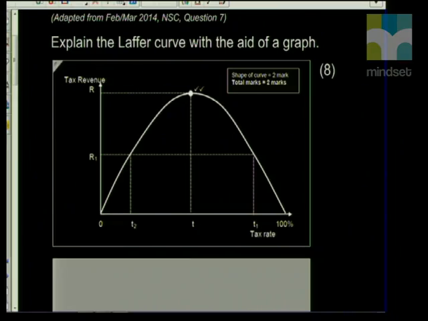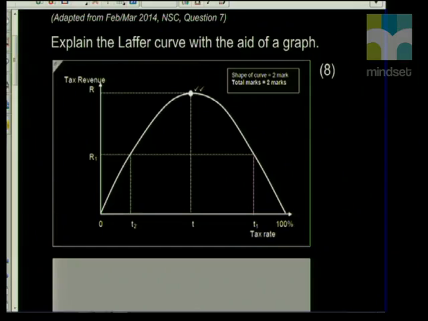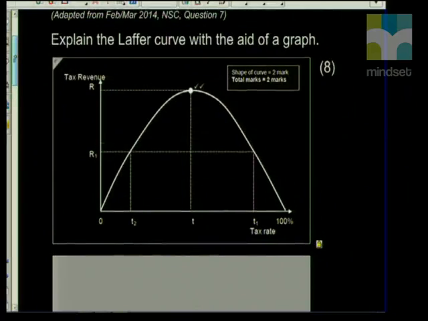Remember, I'm just using a vertical and horizontal, we are not doing mathematics, we don't use X and Y. All right. So that is the situation. If you realize that at point T, the Laffer curve is shown by the upward rising curve.